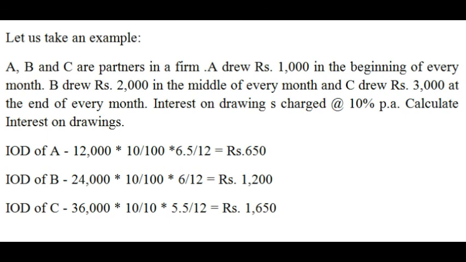So the answer is 650. For B, total drawings are 2000 multiplied by 12, 24,000, and the time period is 6 upon 12. The amount of interest is 1200. And for C, total drawings are 36,000, 3000 multiplied by 12, and the time period is 5.5, and the answer is 1650.